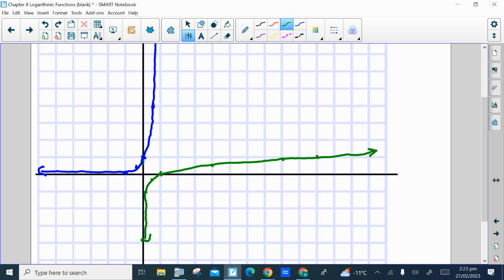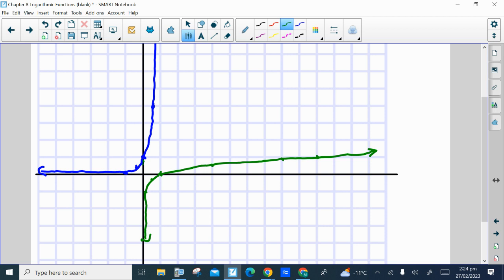Now remember, we just graphed the inverse of the exponential function, and we stated on the first page that the inverse of an exponential function is a logarithm. So we've just graphed a logarithmic function. We started with an exponential function, and then we generated the points for the inverse by switching the x and y values around from the original table of values.